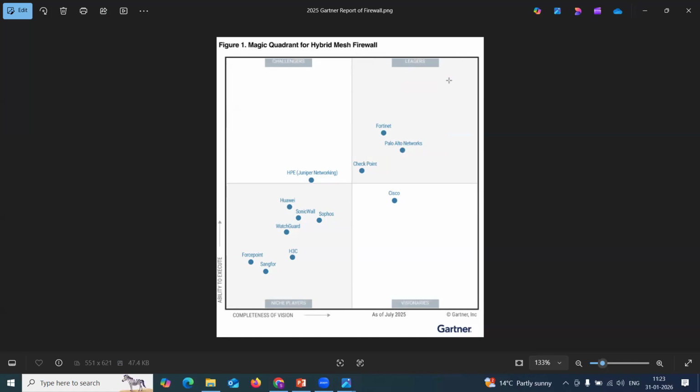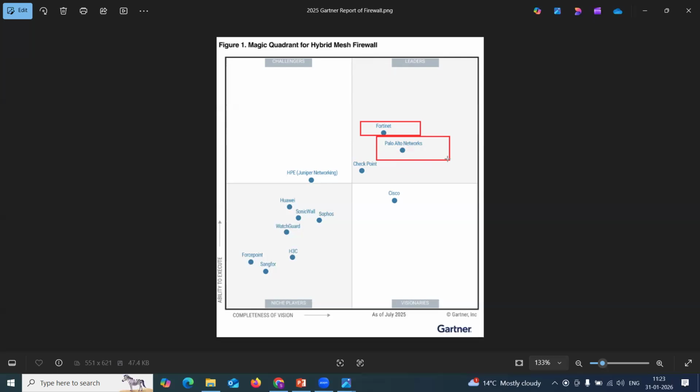The good part is, since 2010, I believe, Palo Alto has made its position under the leaders category, and it always stood on the first position till 2022 September. After that, FortiGate has come at the first, but still Palo Alto remains second.